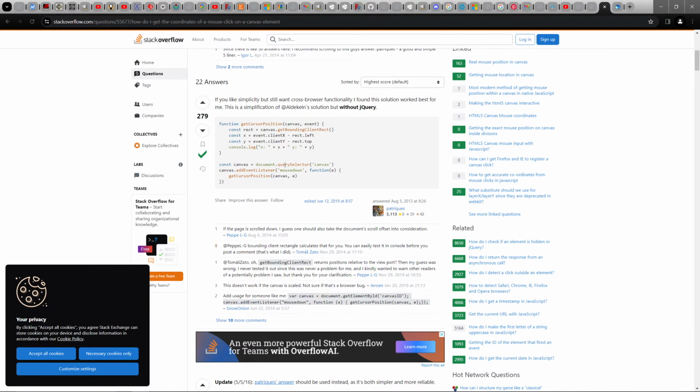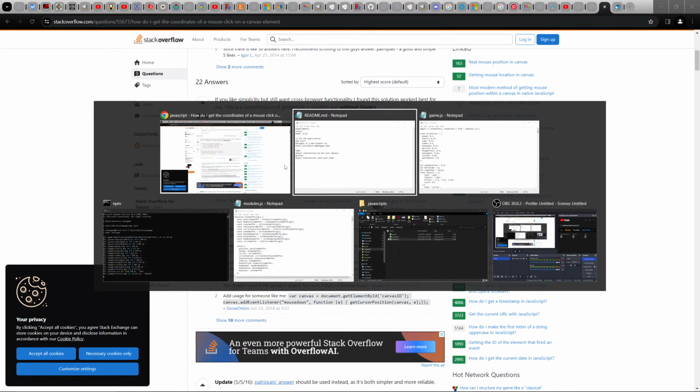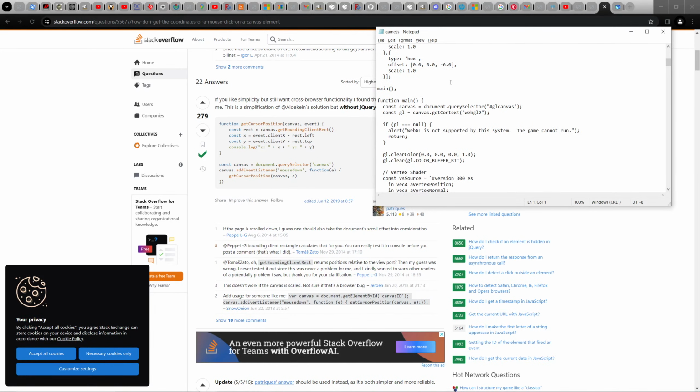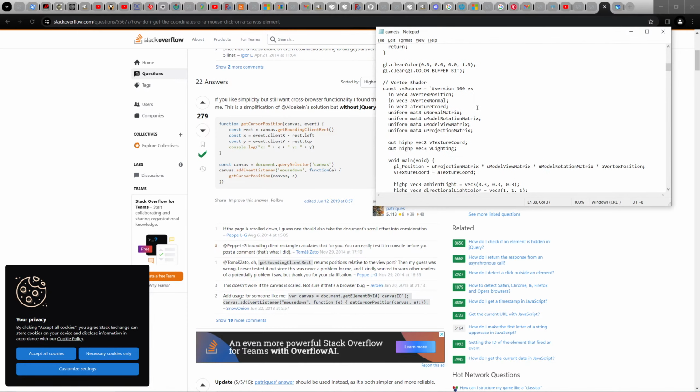So it seems like this will get me the coordinates of where I'm clicking. Yeah, let's just add it, and then we'll look at what to do past that. Okay.